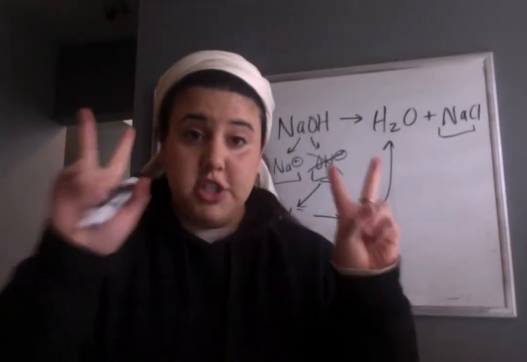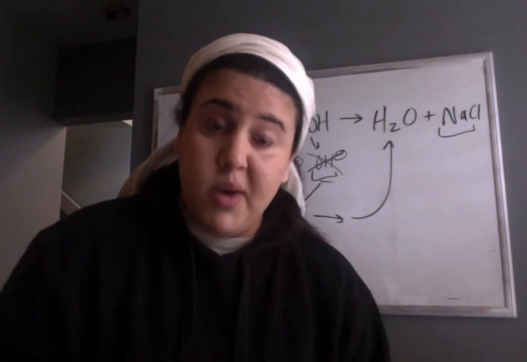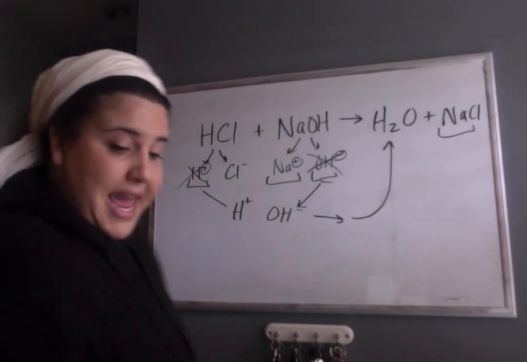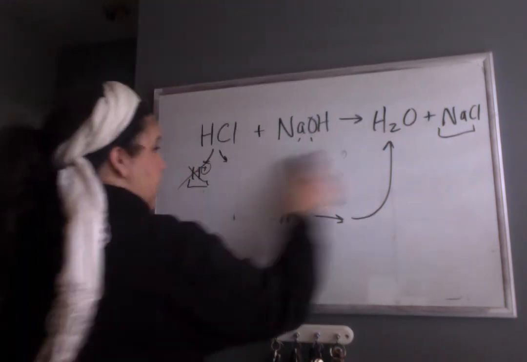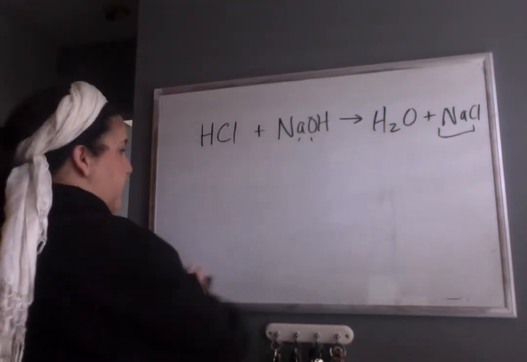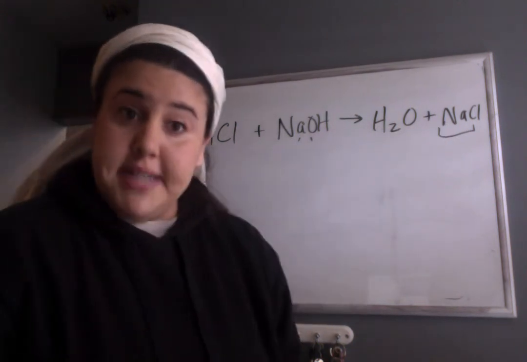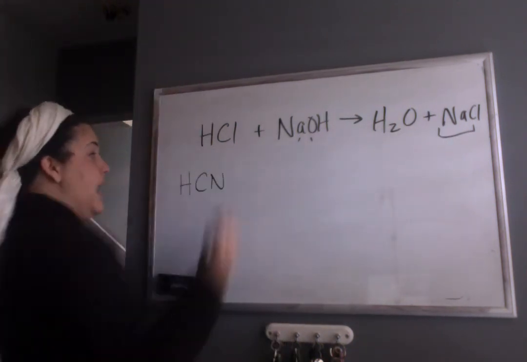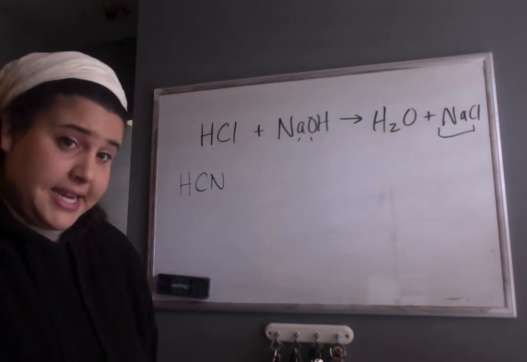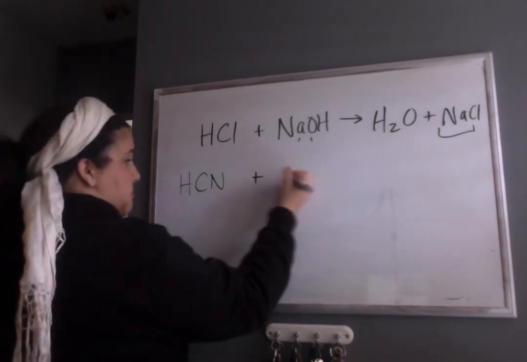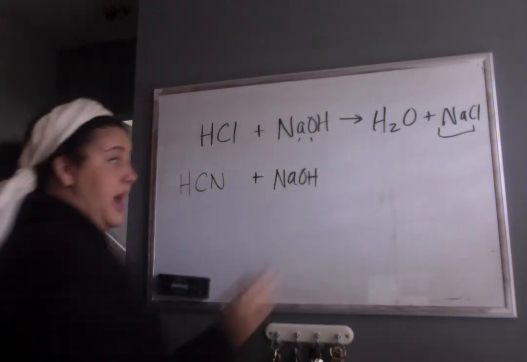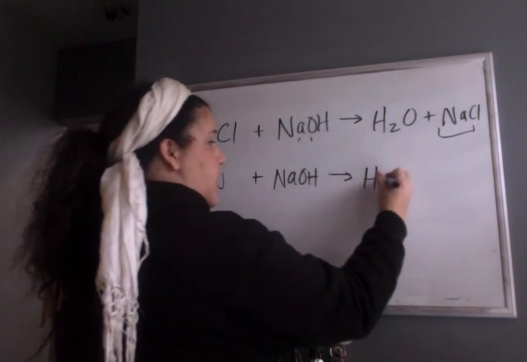When I say a salt, I'm not talking about punching someone, I'm talking about an ionic compound. So when we think about a salt, most of the time what you and I think of is sodium chloride, my table salt. But what if I added HCN, also known as hydrocyanic acid, to sodium hydroxide, a base? Again, I add an acid to a base, I should form water and a salt.